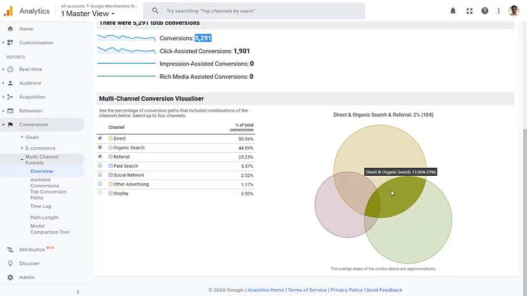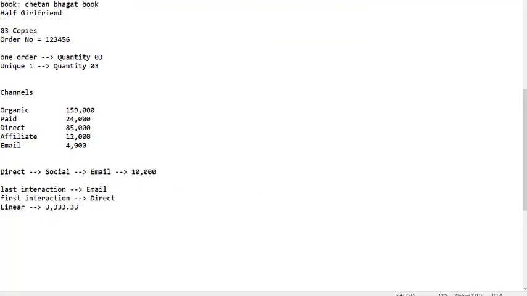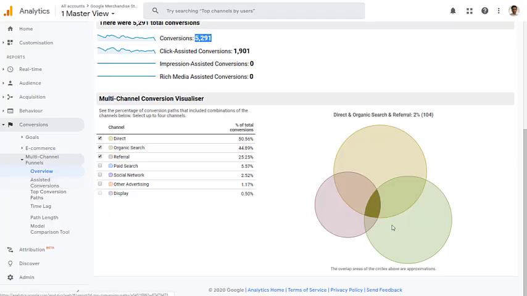Direct and organic search together. That means people came via direct and then organic and then they converted. Whether first by direct or organic, we will find in another report also. But direct and organic have worked together to give a total conversion of 706.